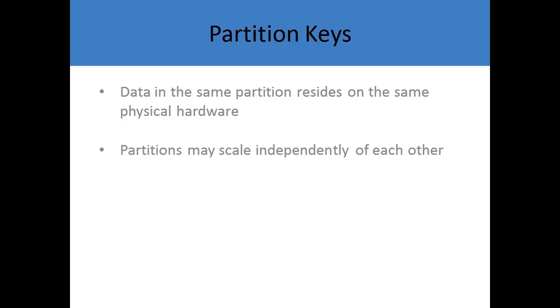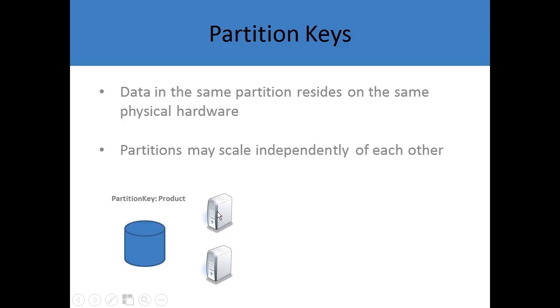What that results in is that partitions may actually scale independently of each other because there could be a different hardware set for a different partition. So it might look like this. We have our product partition key, and then that might reside on whatever physical hardware set that they might decide to implement. And then we might have our supplier partition key, and that could be on a different physical hardware set. And they may be the same size, they may be different. It obviously depends on the amount of data.